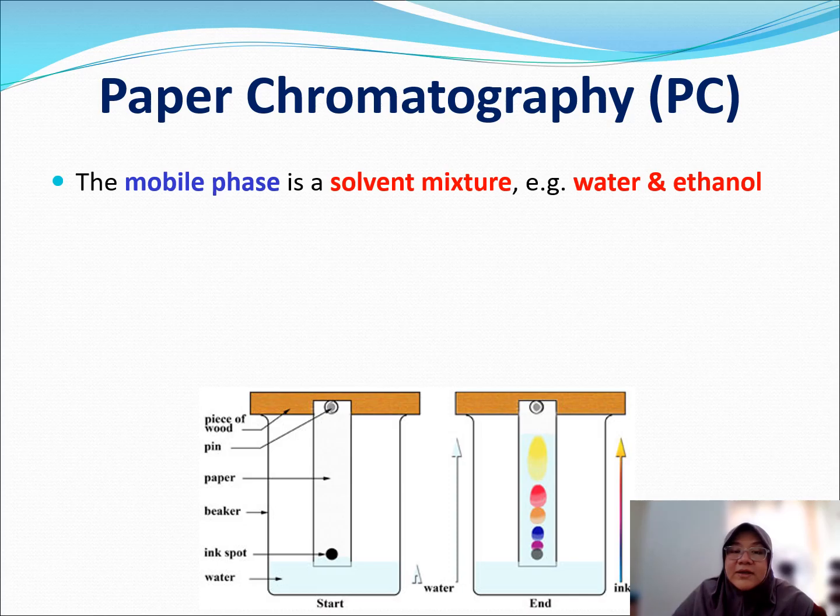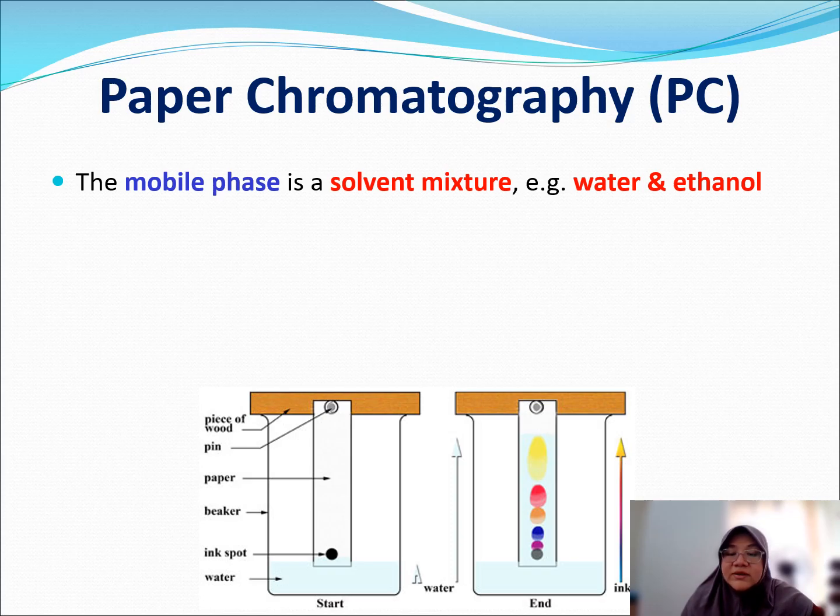Paper chromatography, dia punya mobile phase will be the solvent yang you letak dalam satu beaker. You letak you punya solvent, okay, and then you use the paper chromatography as your stationary phase, and then on the paper you have to put your extract, okay, and then dip the paper inside the solvent.